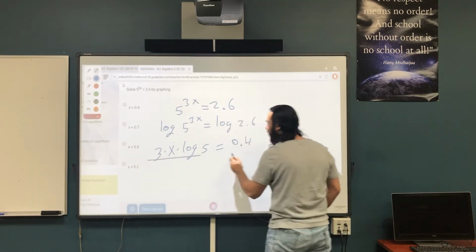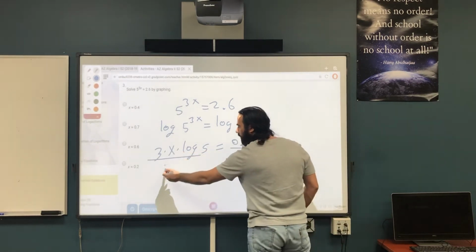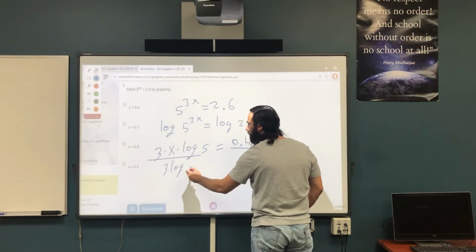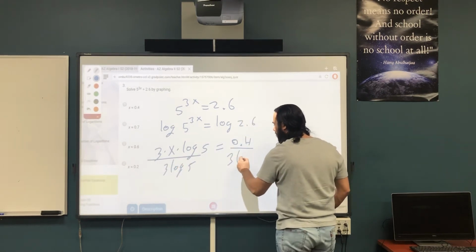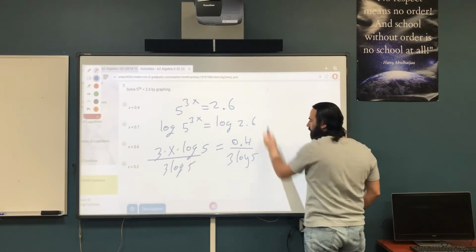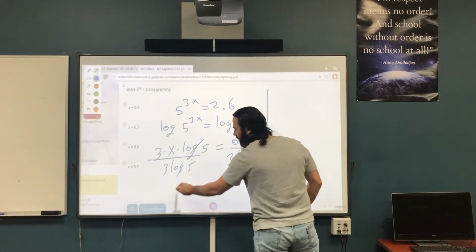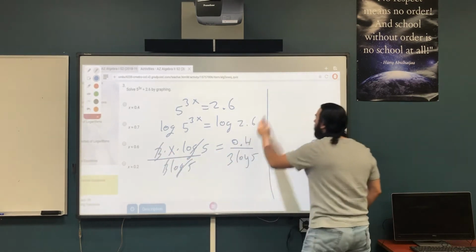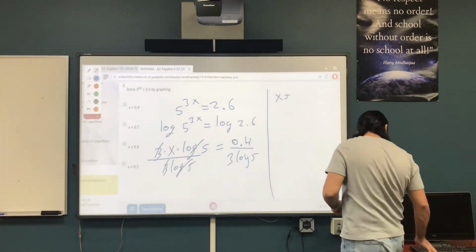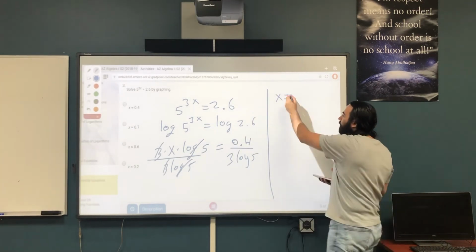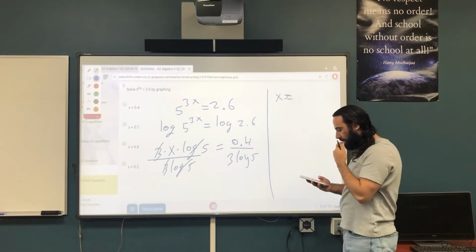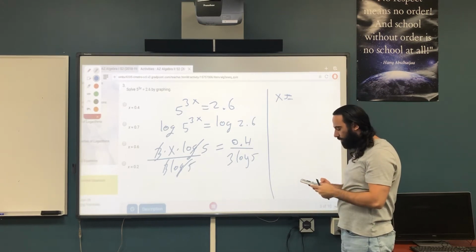Now, we need to isolate x, of course, so we divide by 3 log 5. So the 3 log 5 cancels out, so x equals 0.4 divided by 3 log 5.